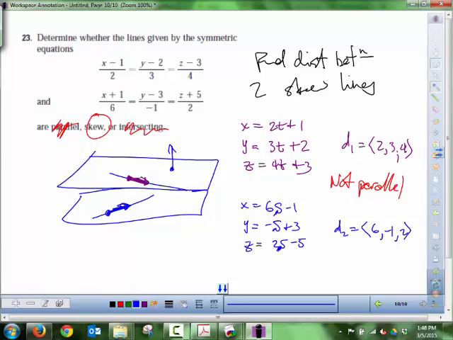And so if I cross them, then I should get the normal vector that's perpendicular to both of them. So I just take these two vectors and then I cross them. So my normal vector will be the cross product of D1 and D2, any order.